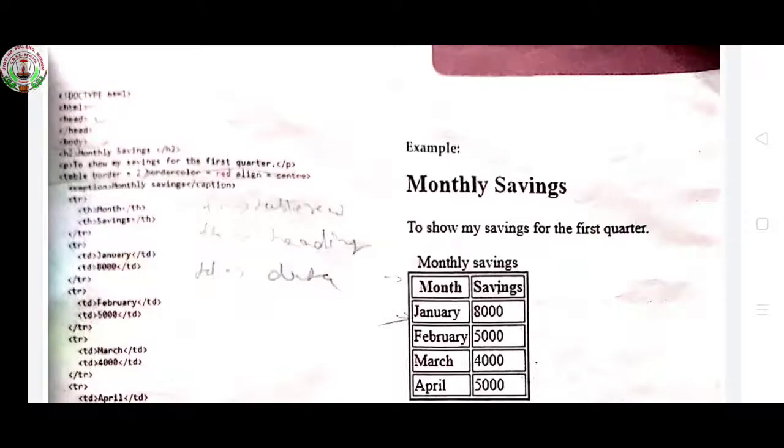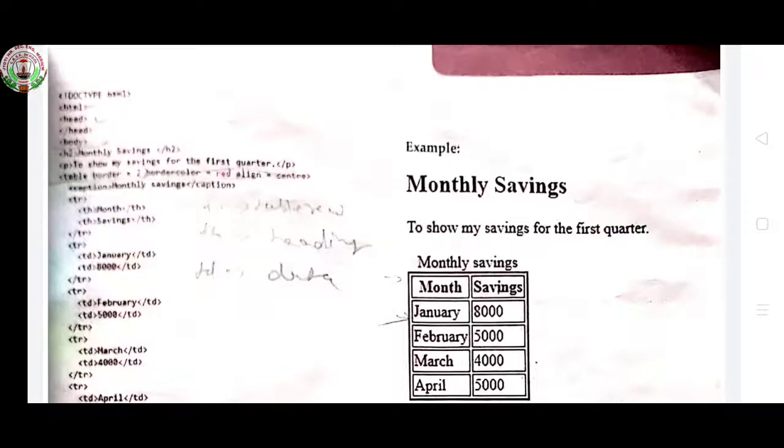Now the table tag: opening tag table, border equals 2, bordercolor equals red, align equals center, then close the tag. Next is monthly saving, that is the caption: open the caption tag, and inside that you write monthly saving, then close /CAPTION.